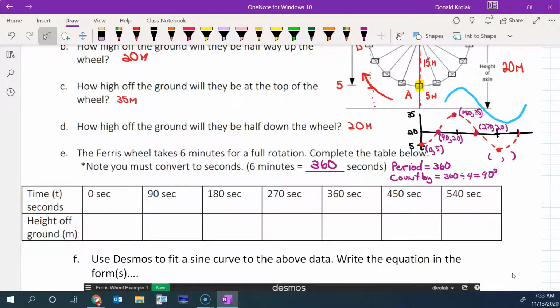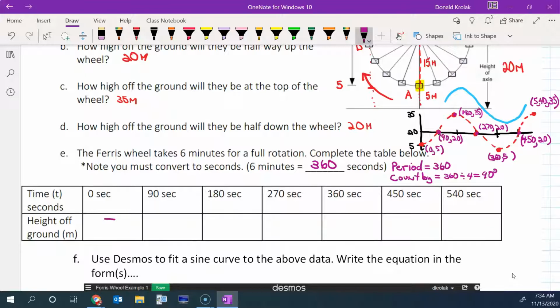Then 360 seconds, 5. Then 450 seconds, 20. And then 540 seconds, we would be back up to 35. All right, now that allows you to set up the chart.